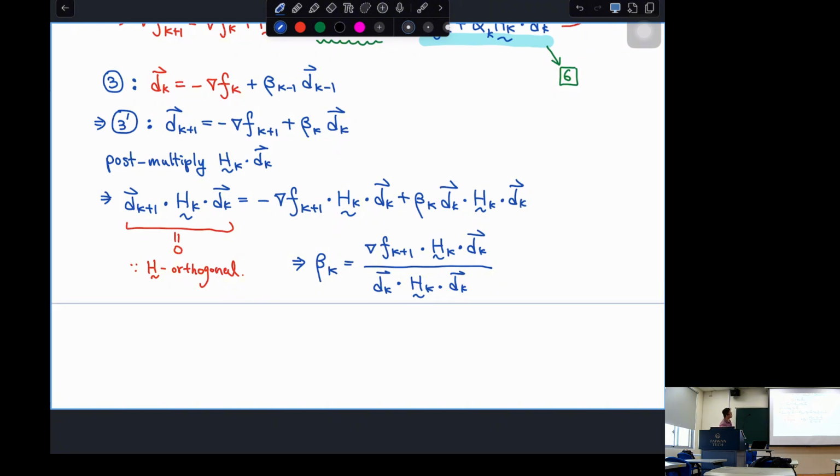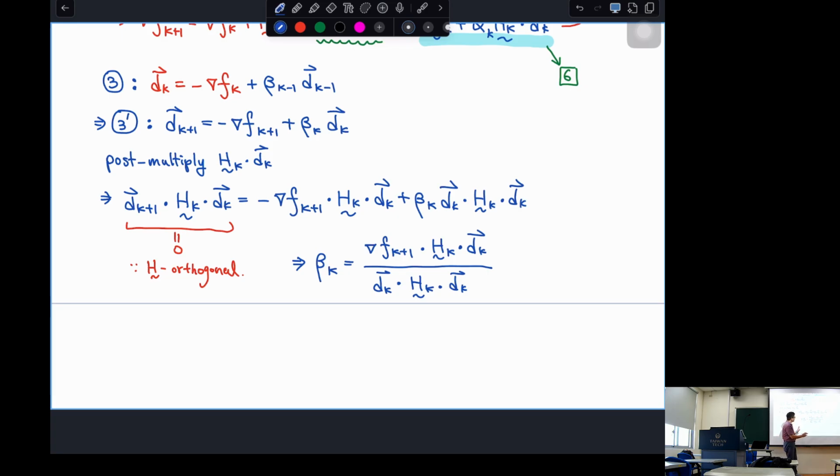It's something you can determine. So what are these terms? If you have a current moving direction dk at this k iteration, and you compute the Hessian, and also in the next step perform gradient evaluation, then that's your beta k.